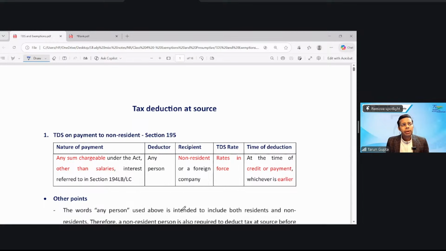See, one of the difficult areas in CA is that it's a correspondence course. You don't get into a college and get that college environment where you have a friend circle, you can discuss things.